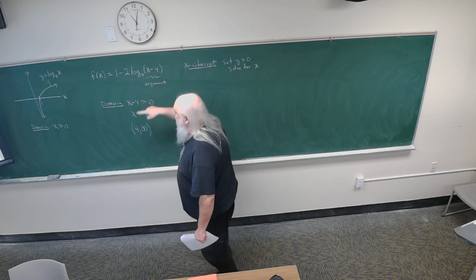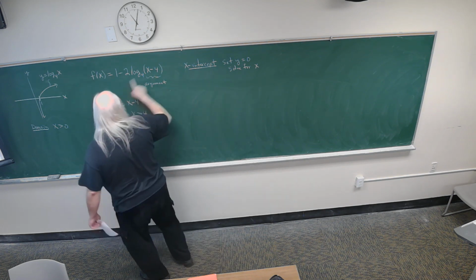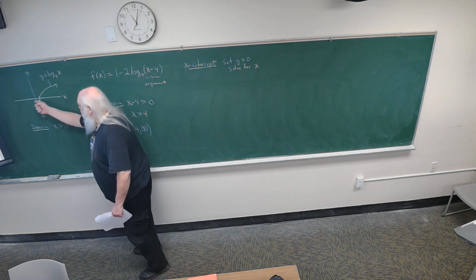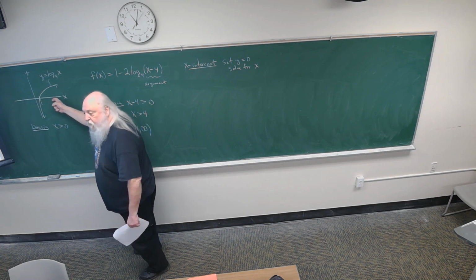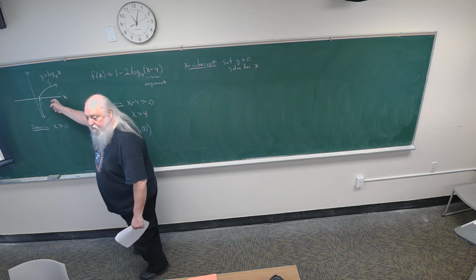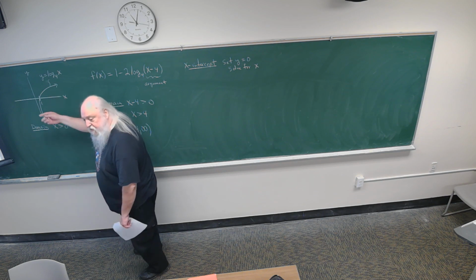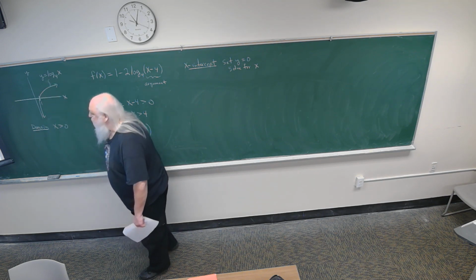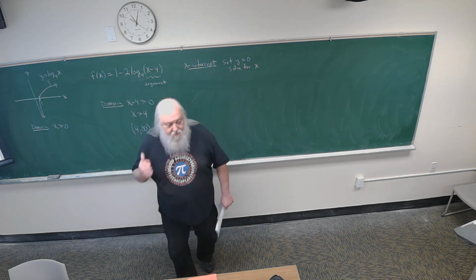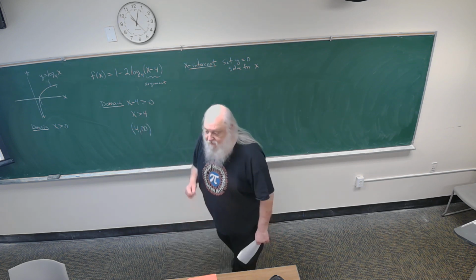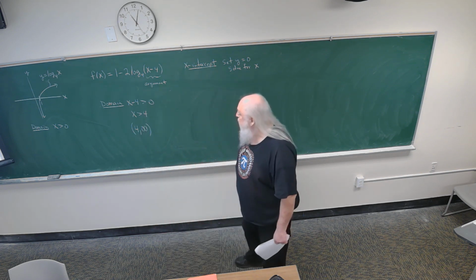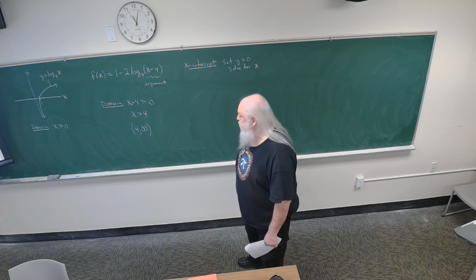Because x is replaced with x minus 4, we know that shifts the graph to the right 4 units. And you might think the x-intercept is at x equals 5. But because of the vertical shift, and the stretch and the flipping over the x-axis, the x-intercept's not at x equals 5, it's somewhere else. So we've got to find it.